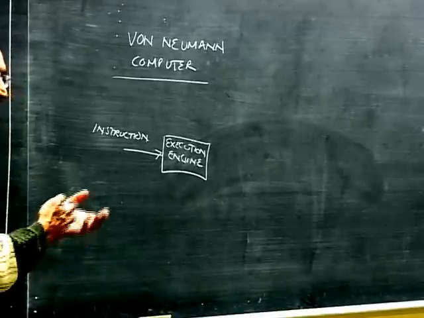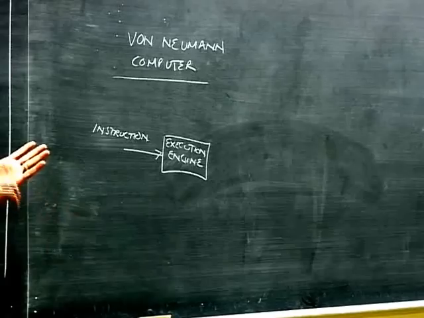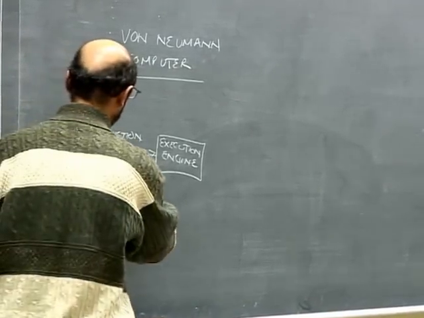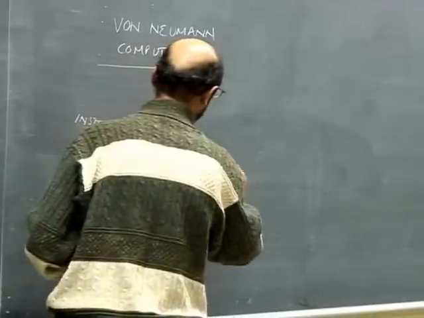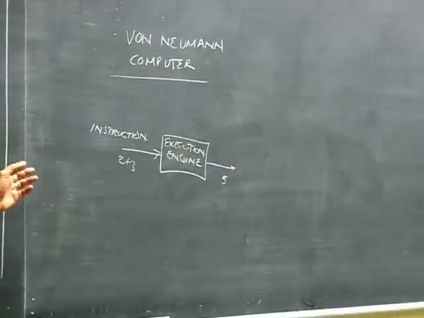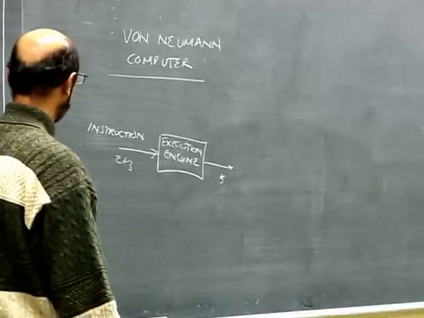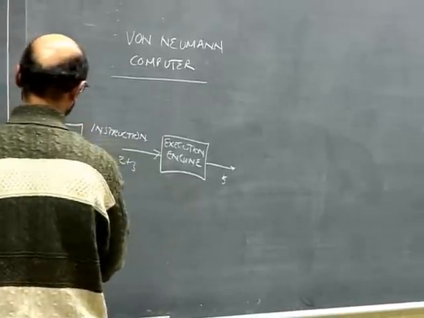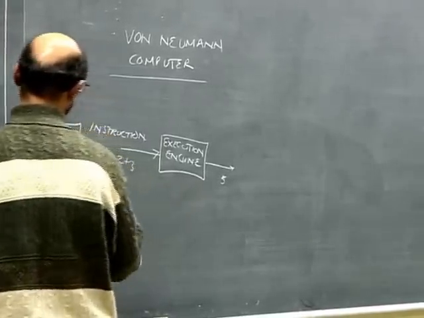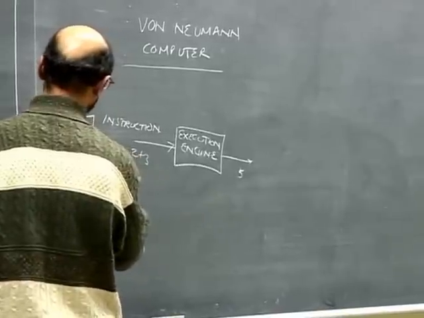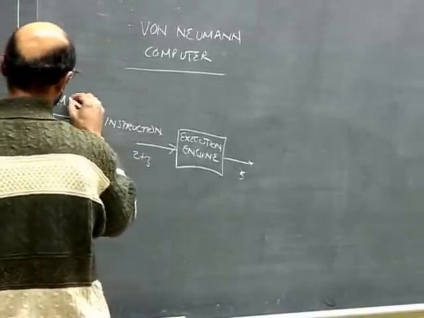In fact, even your calculator does that. You punch in 2 plus 3, it takes the instruction, 2 plus 3, and the execution engine gives you the answer 5. This was invented by Pascal, actually, back in the 1700s, so it is not new. The interesting thing about what von Neumann proposed was that you would put the data 2 and 3 in a memory.